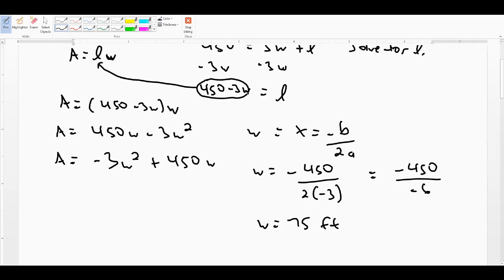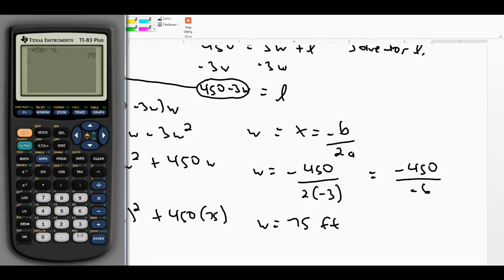Got that? And then I can multiply that answer times 75 to find the area. Or, since it's only asking for the area, I can take the 75 and substitute into this A formula, which is what I'm going to do. I'm going to show you either way will work.